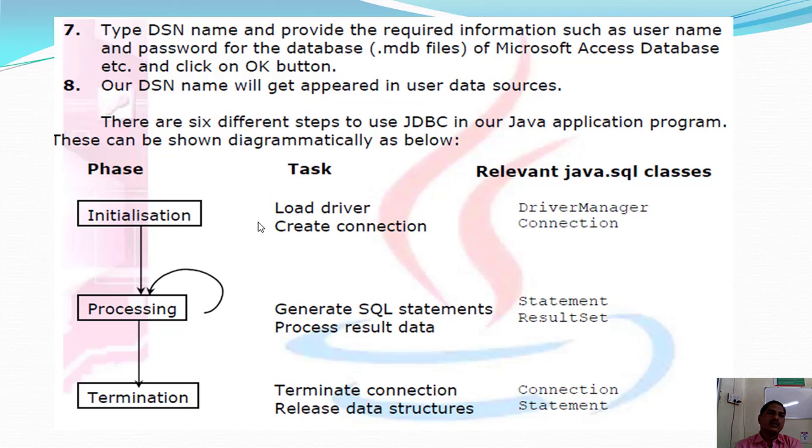Next, there are 6 different steps to use JDBC in our Java application program. These can be shown diagrammatically as below. When we perform these 6 steps programmatically in our Java application, then that application can communicate with the database.